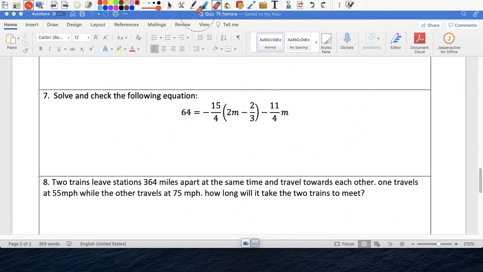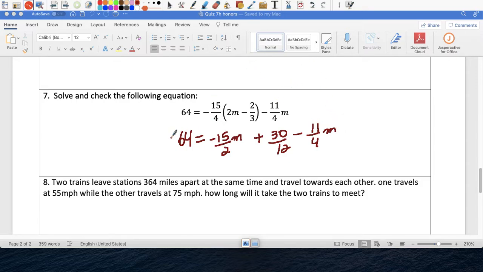Alright, starting from scratch. 64 equals, and then I'm going to multiply here. That becomes 1 over 2, negative 15 over 2, and this was my mistake right here. Then positive over here, and 30 over 12, minus 11 over 4m.